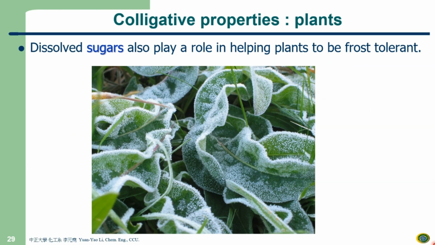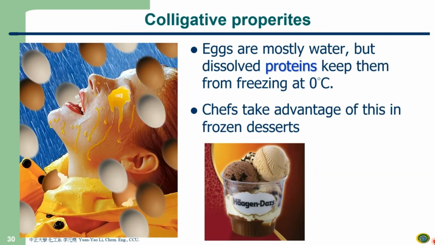Also some plants have sugar inside them, of course sugar with water, so this kind of plant doesn't become ice when the temperature reaches 0 Celsius. And you also make nice food, like ice cream, right? So you make a nice dessert that you can have below 0 Celsius. This is what we call colligative properties.